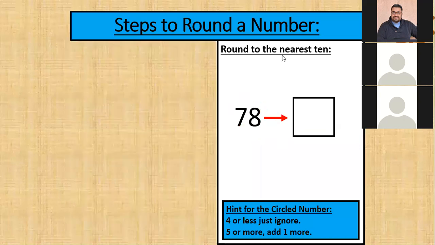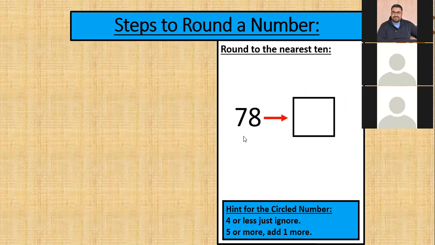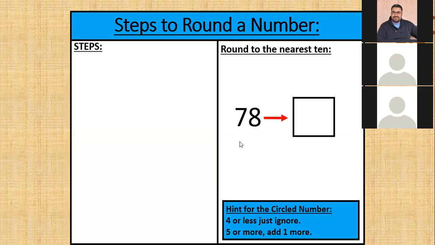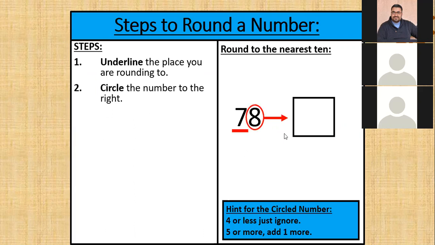Another example. 78, we want to round 78. Step number 1, underline the number in the 10th place because here we want to round to the nearest 10. So we'll make a line under 7. This will be step number 1. And make a circle around 8. And stop here to check.